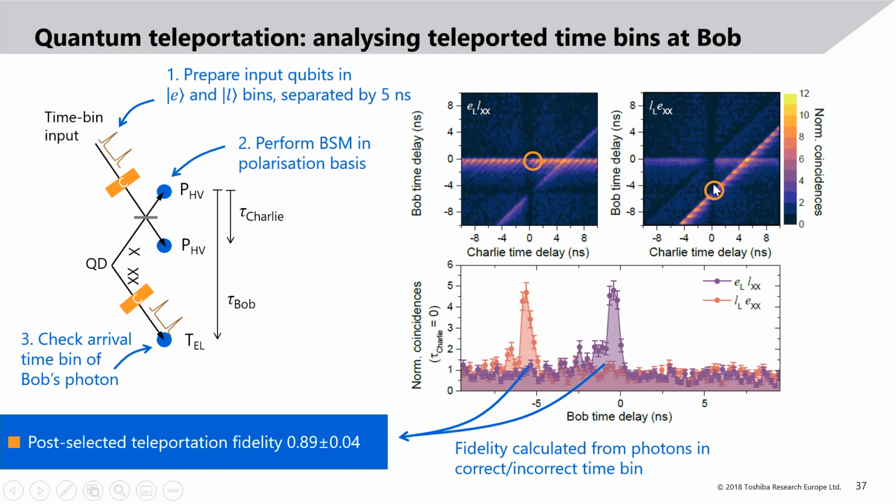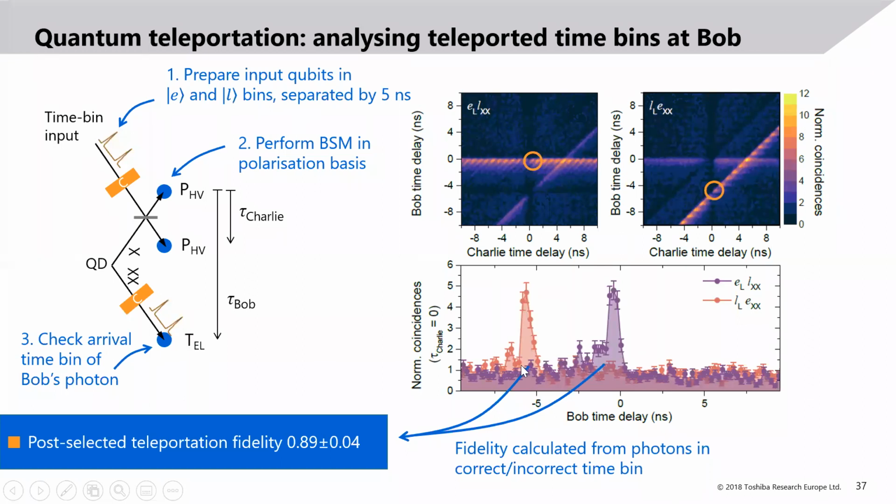And to show this more clearly, taking a cut of this data, these two data sets along the Charlie 0 axis, this is what is shown here. Here you can see that if we send in an early laser photon, then we get out a late biaxial photon, which arrives 5 nanoseconds after the photon we would get out if we send in a late polarized laser photon.